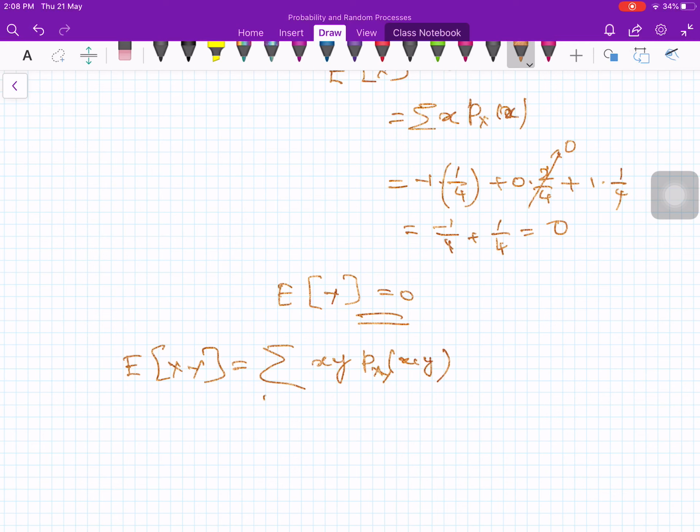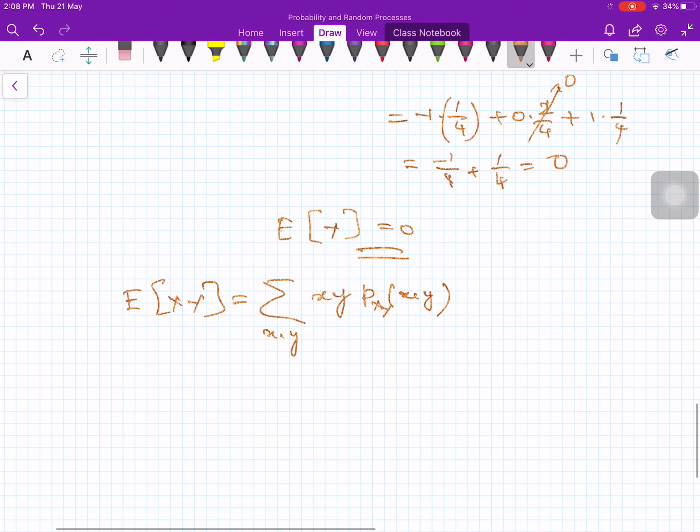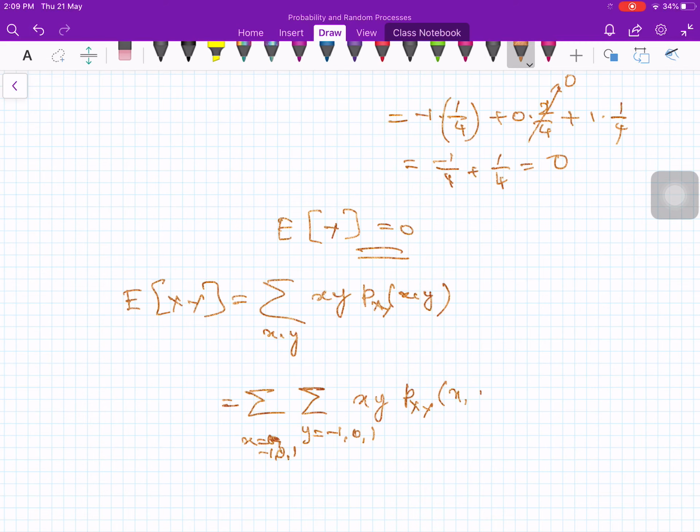Actually this is a double summation, so let me write out two summations, where y takes the values -1, 0, 1 and x takes the values -1, 0, 1, and here xy times pXY(x, y).